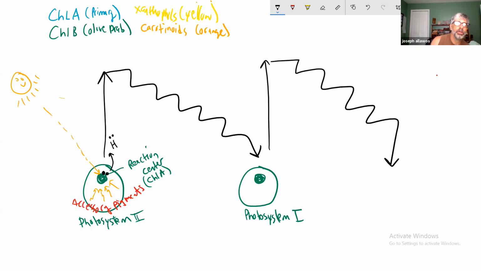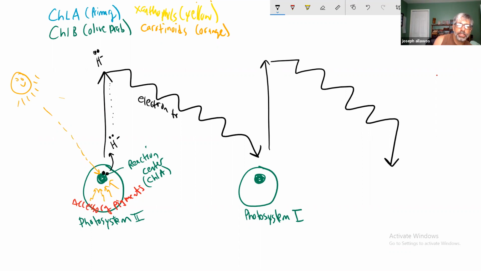So what I'm showing you here is a hydrogen with 2 electrons has been bumped off of the chlorophyll A, and it's going up to a higher energy level like this. Okay. Now it should make sense to you. Hydrogen has 1 proton, and I'm showing it with 2 electrons. So I'm going to indicate it as having a negative charge because it does. Okay. I'm not going to carry that negative charge all the way through, but just be aware there's a negative charge.